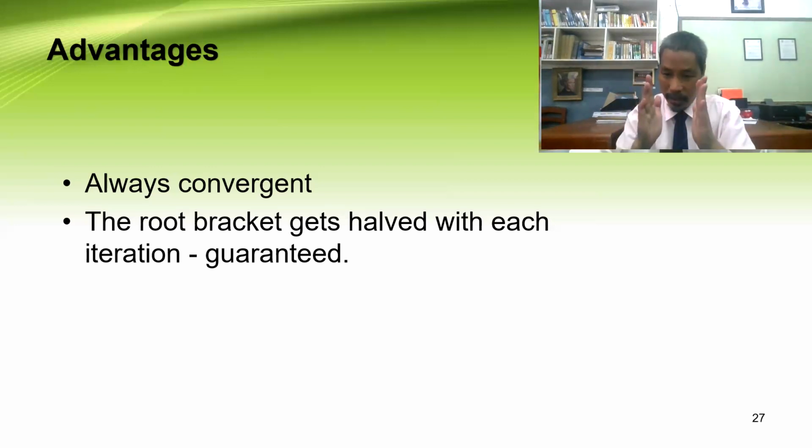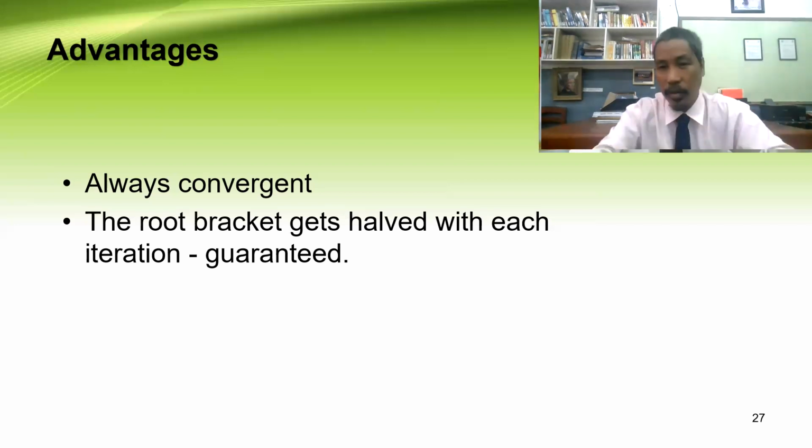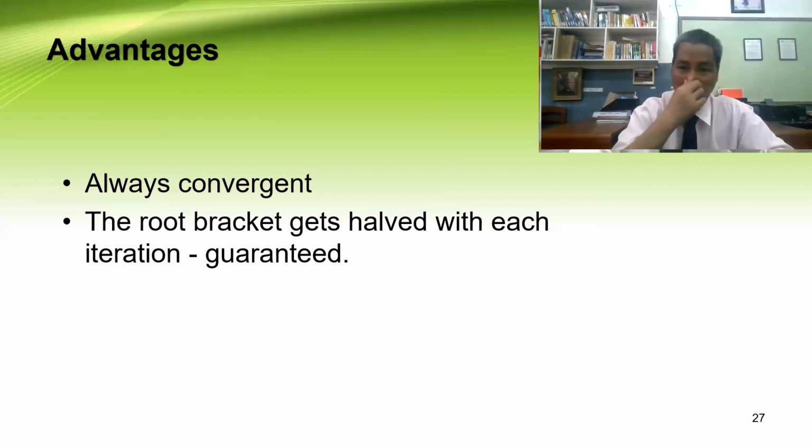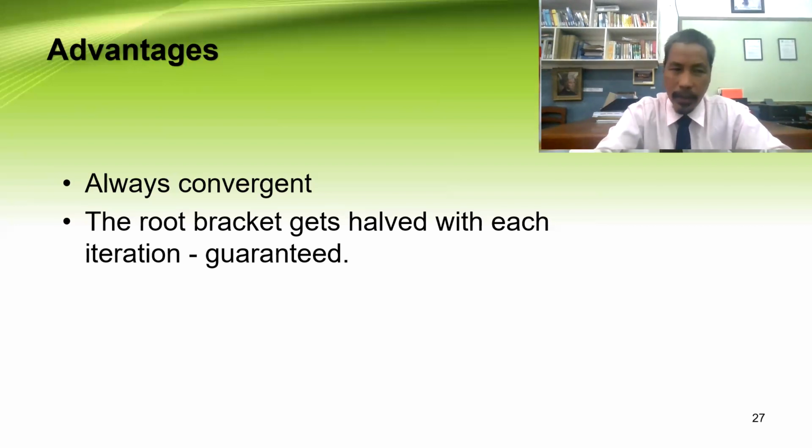So if XL and XU become very small, we can be sure that the answer is almost any of XL and XU, or actually the midpoint or the average of XL and XU. And number 2, the root bracket gets halved with each iteration. It is guaranteed. So these are the obvious advantages of the method.